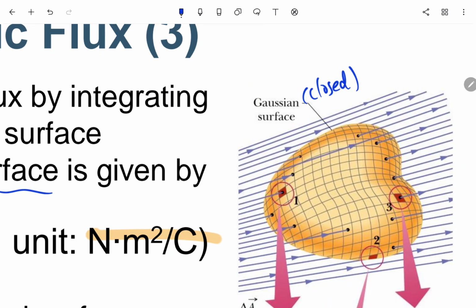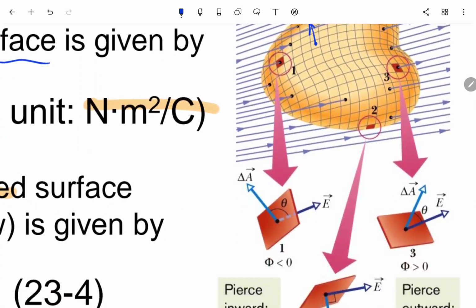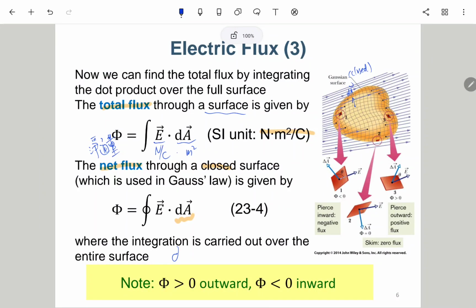For a closed surface, when we define the dA for each patch, just now I mentioned that dA can point in either direction. But here for a closed surface, dA always points outward. This is the rule we must follow.